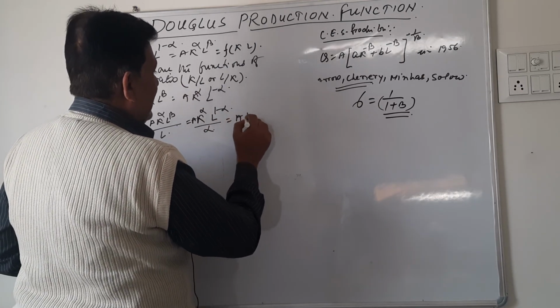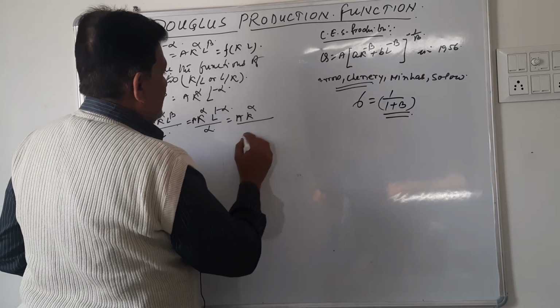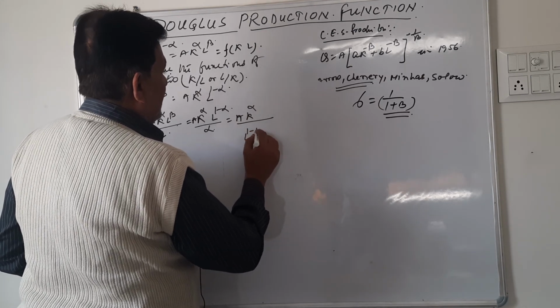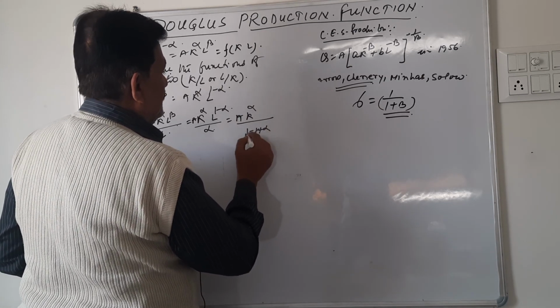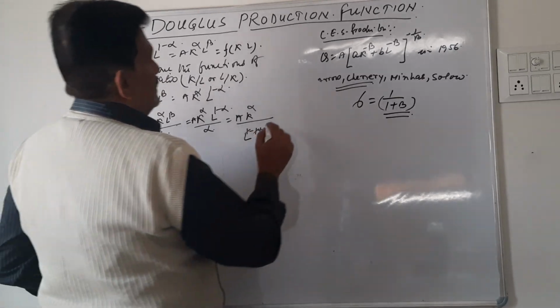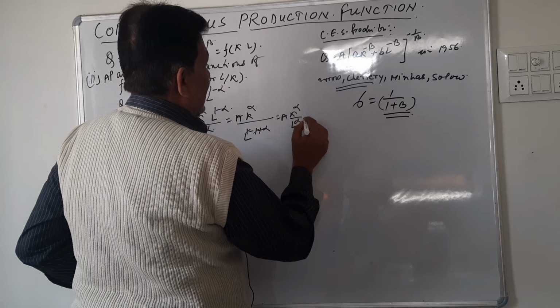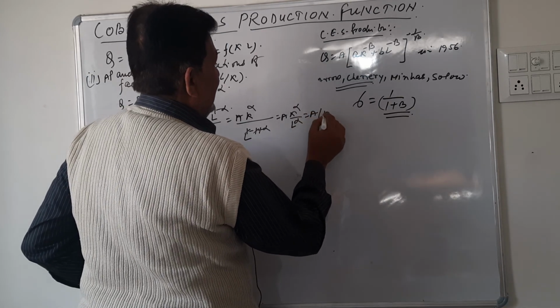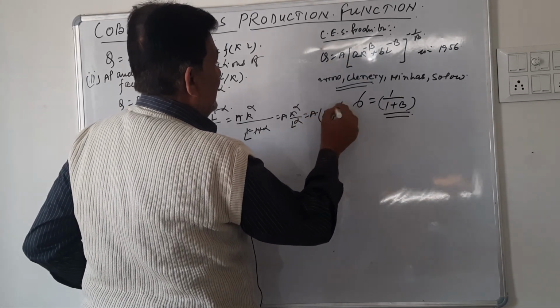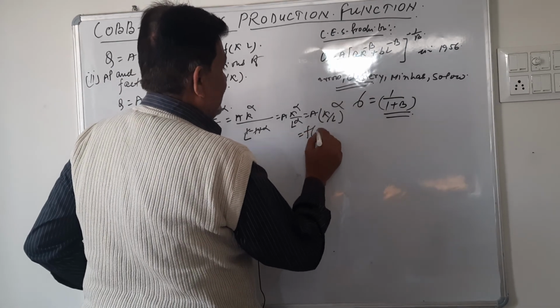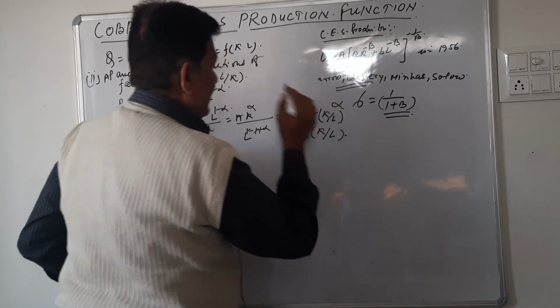So A K to the power alpha and L to the power 1 minus 1 plus alpha. So it is A K alpha by L alpha, and hence A K by L raised to the power alpha, and it is a function of K by L.